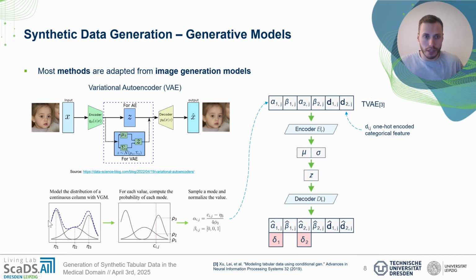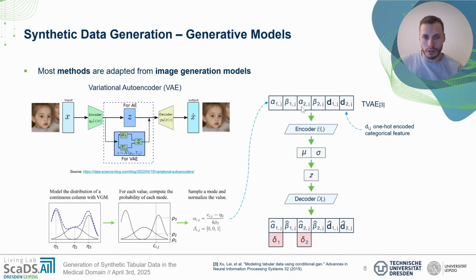So they determine those modes by fitting a variational Gaussian mixture model to that, and you can see they determined here in this case 3 modes. And basically the beta that you see here is just a chosen mode for a specific value of one continuous variable, and then alpha is just a normalization using basically this mode.